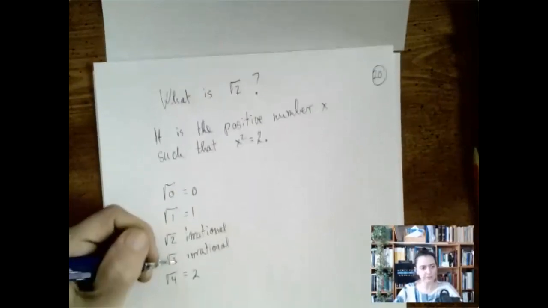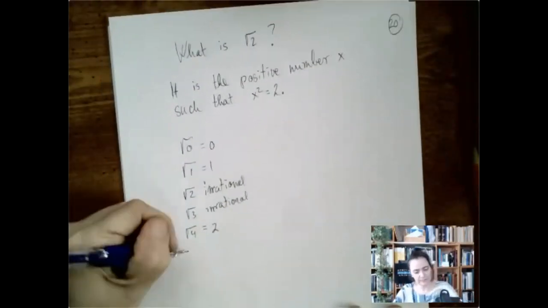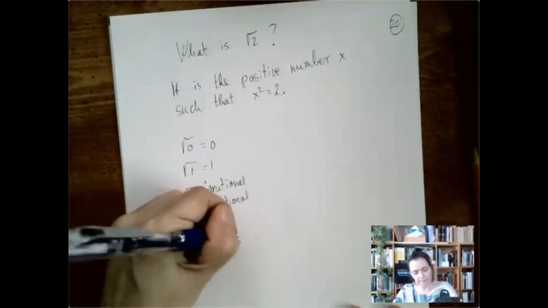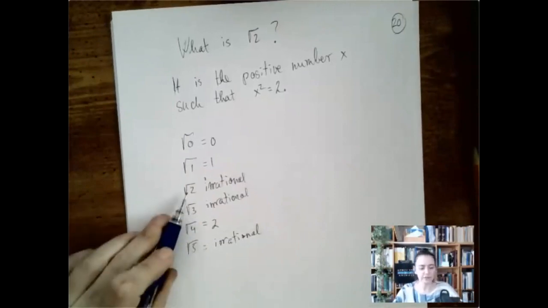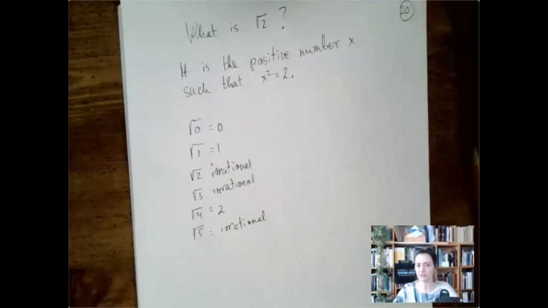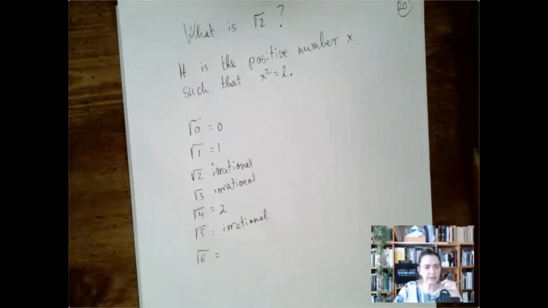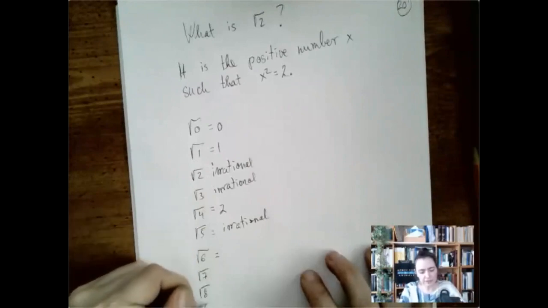That's just 2. Square root of 5 is irrational again. But until now, all these irrational numbers had primes under the radical. 2, 3, and 5 are primes. So what about square root of 6? And maybe square root of 7, square root of 8, square root of 9 is nice again, we know.